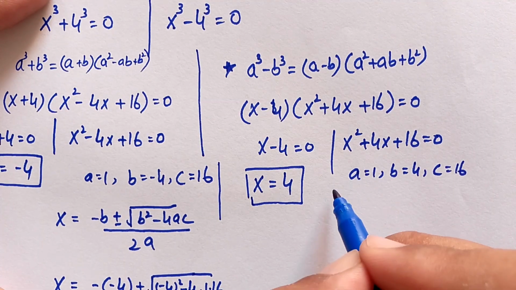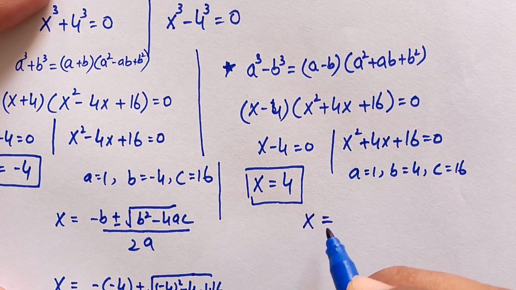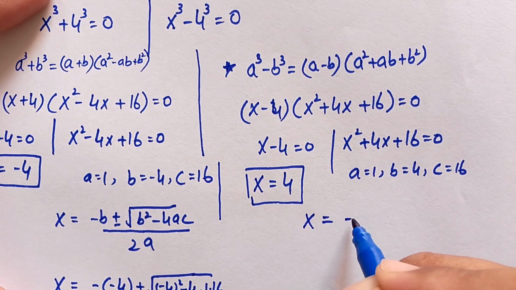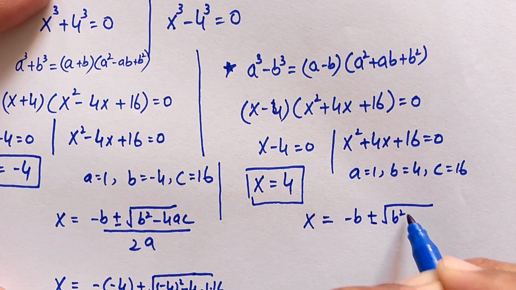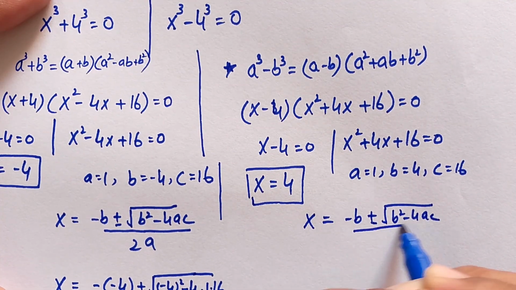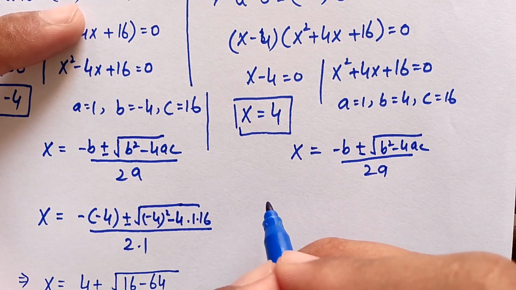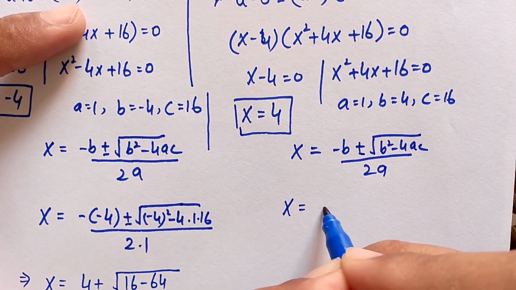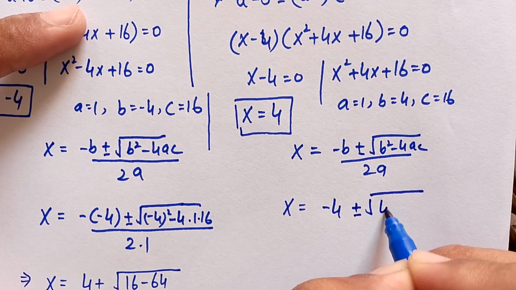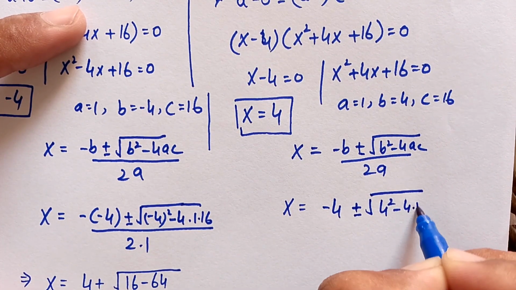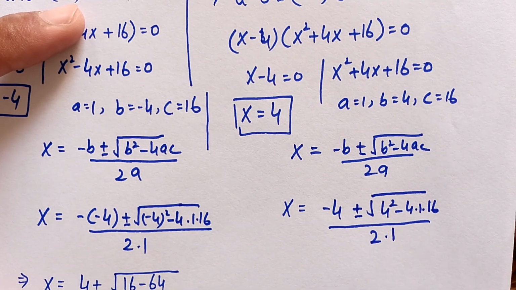Now the quadratic formula is x is equal to minus b plus minus square root of b square minus 4ac divided by 2a. Now we put the values here, so x is equal to minus 4 plus minus square root of 4 square minus 4 times 1 times 16 divided by 2 times 1.